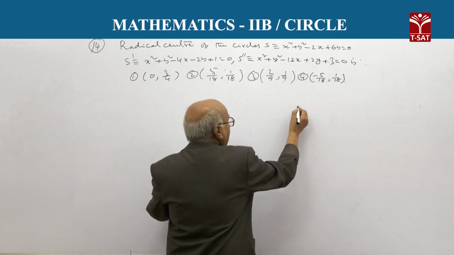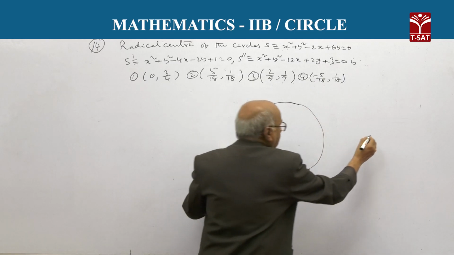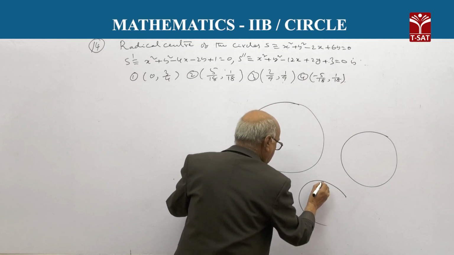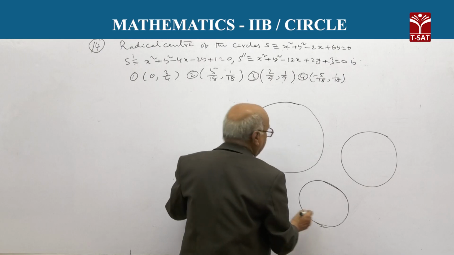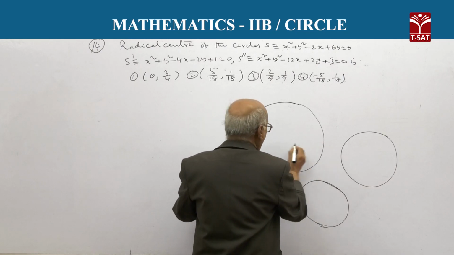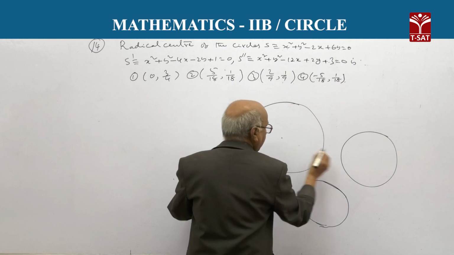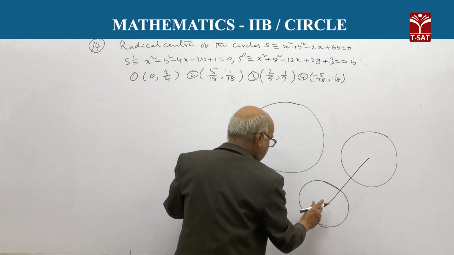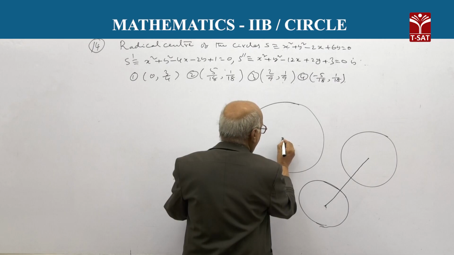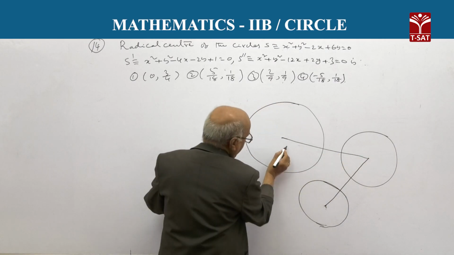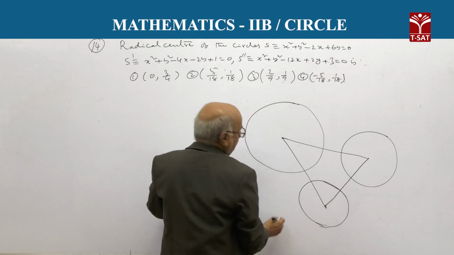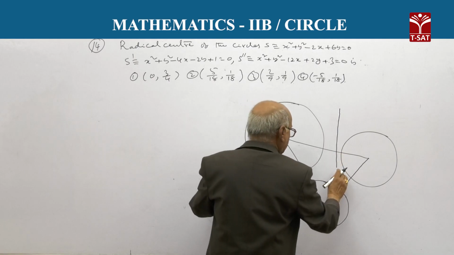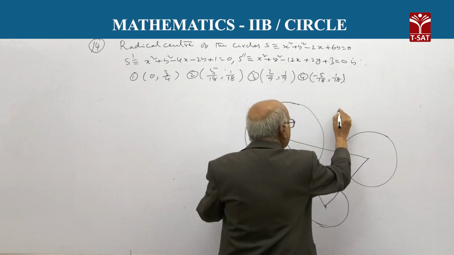And all of you know that if you take three circles with non-collinear centers, the centers should not be collinear, each pair will have a radical axis, and the radical axis of two circles will be perpendicular to the line joining their centers.